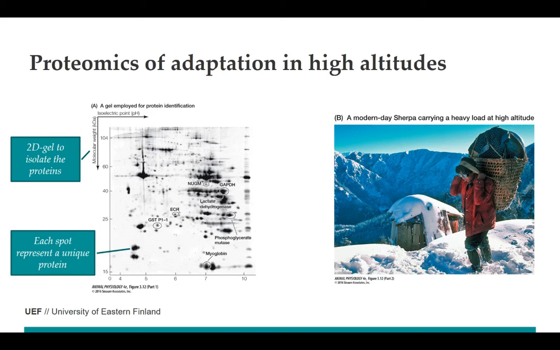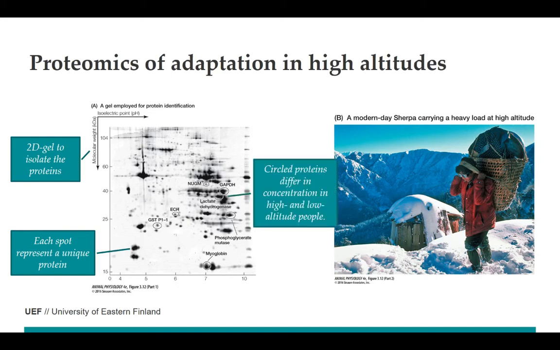And then when you are comparing several of these pictures together, you find that in some pictures this spot is larger and over here it's smaller, etc. And then you can find some proteins in which the concentration is higher in high altitude or in low altitude people.